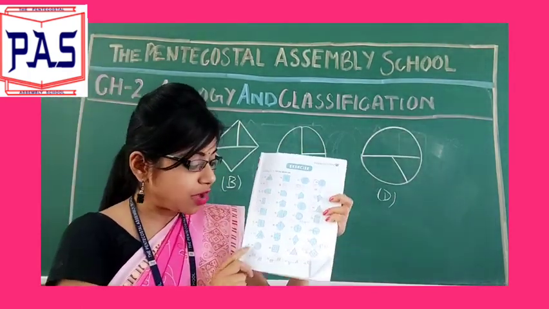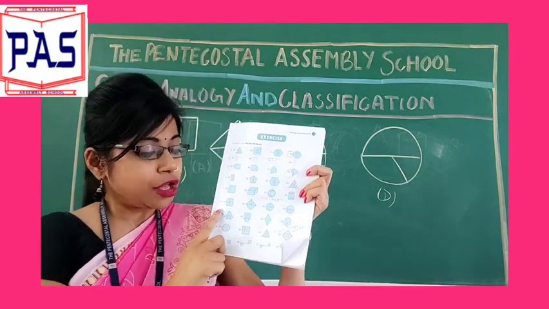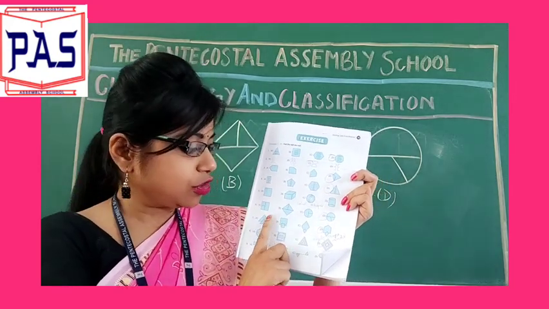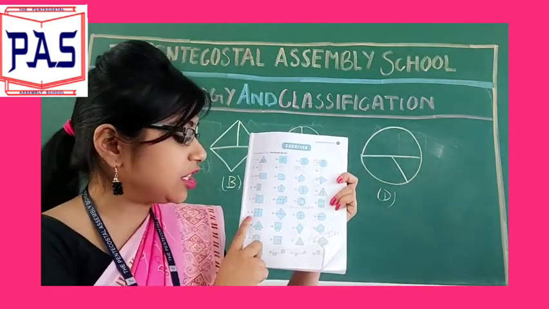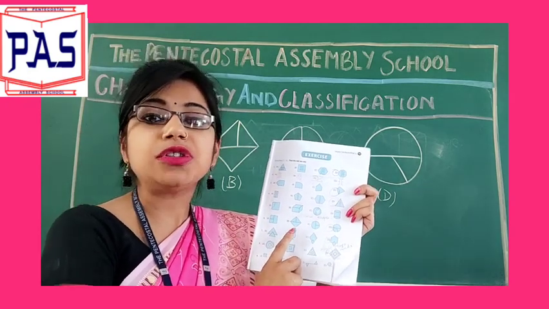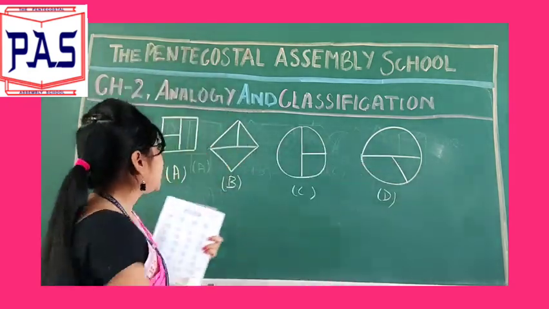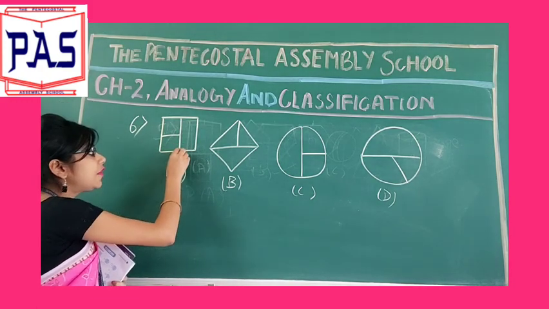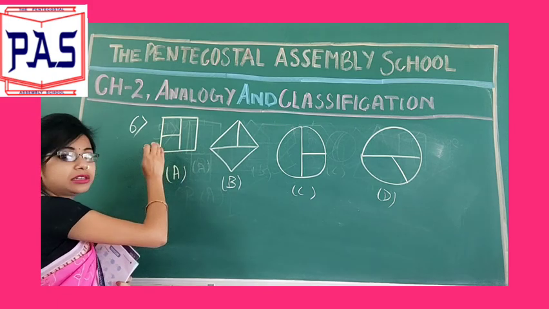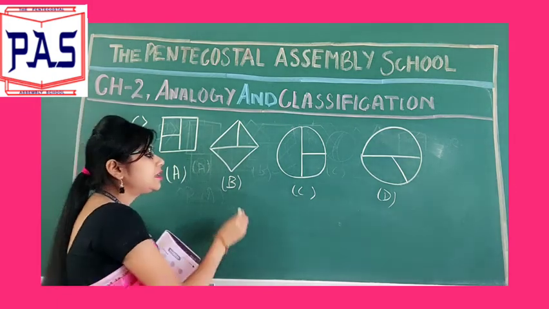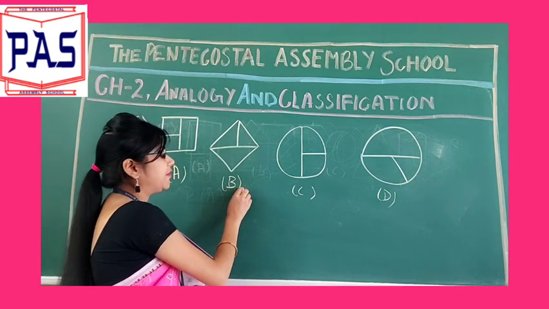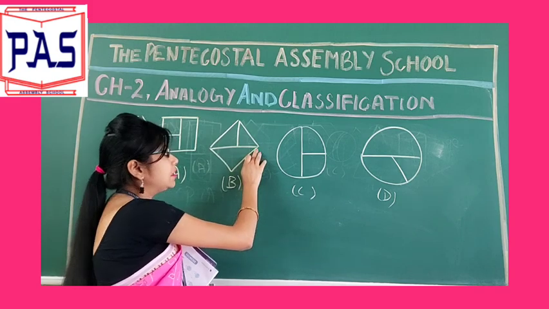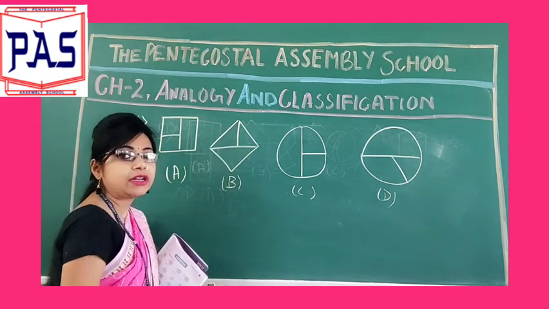Now come to question number 6. Children, you can see that there are 4 figures given in question number 6 and each figure is divided into subparts. For example, the first figure is first divided into half and the half part is again divided equally. Again, in the second figure, the figure is divided into half and then the half part is again divided equally.